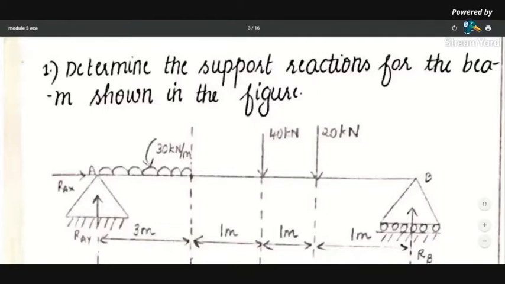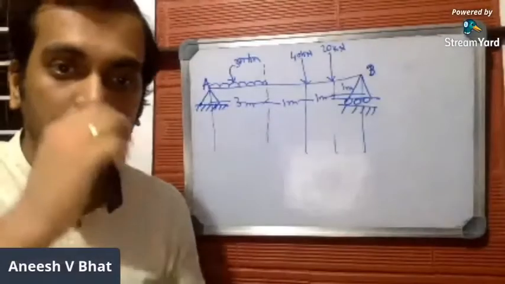And a UDL is spread for a span of 3 meters, with a rate of load distribution of 30 Newton per meter. Let us mark the distances. The first distance is 3 meters. Then 1 meter, 1 meter. So this is the given question.